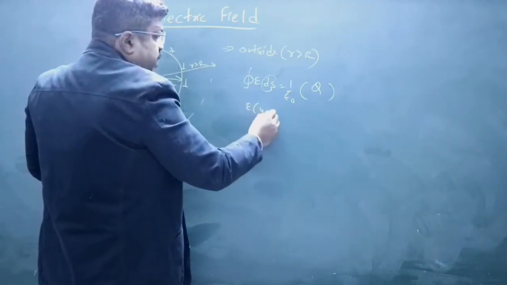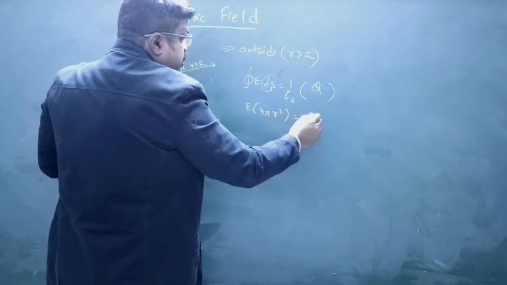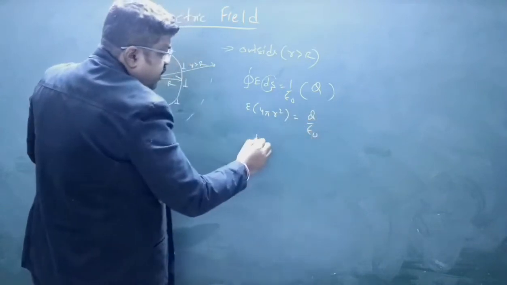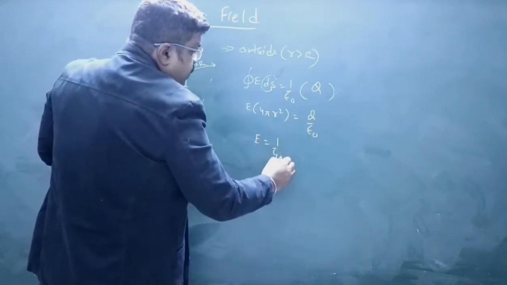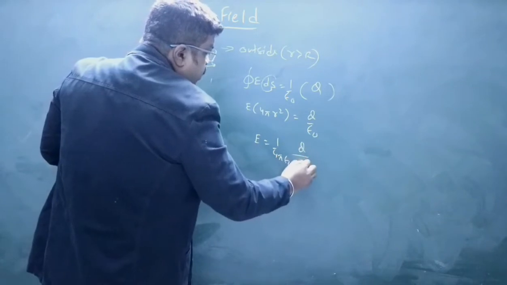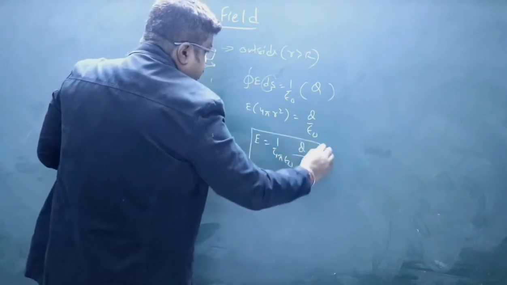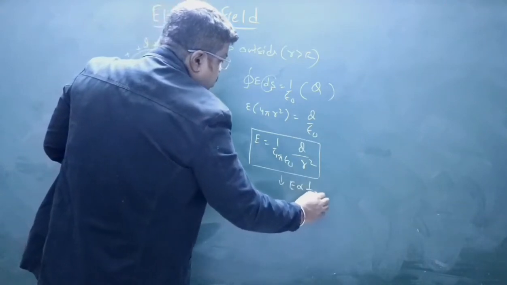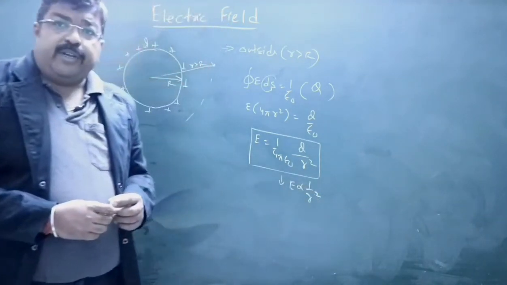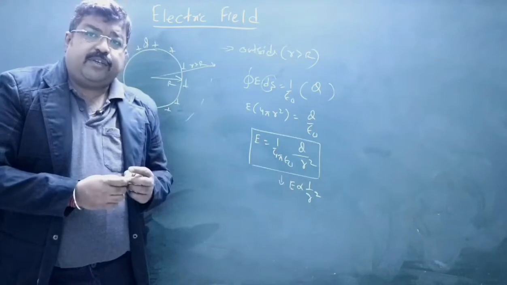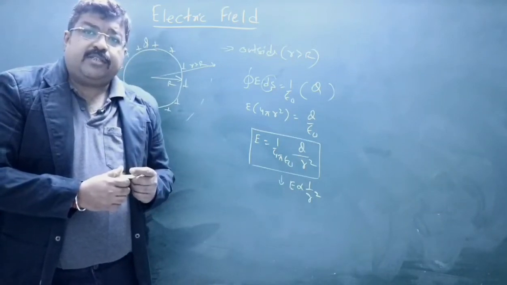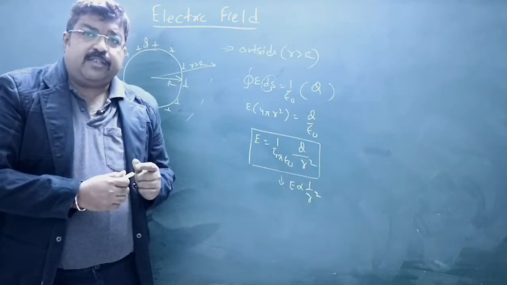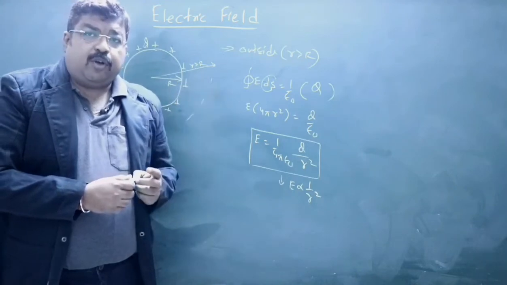So E times 4 pi r square is equal to Q by epsilon naught. So that gives E is equal to 1 by 4 pi epsilon naught Q by r square. So as you can see, this electric field intensity is inversely proportional to r square. So outside the sphere, the electric field intensity is inversely proportional to r square, where r is the distance from the center to the point of observation.